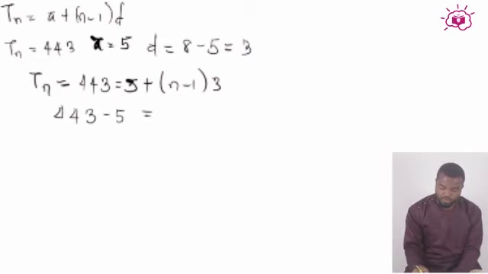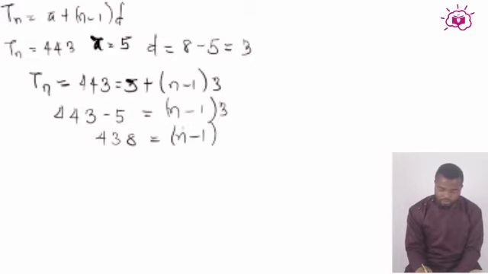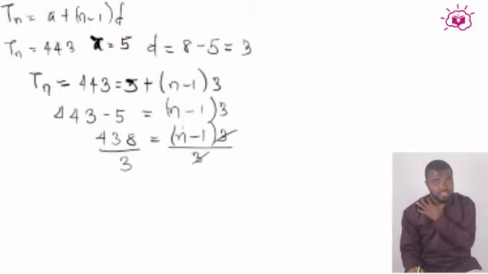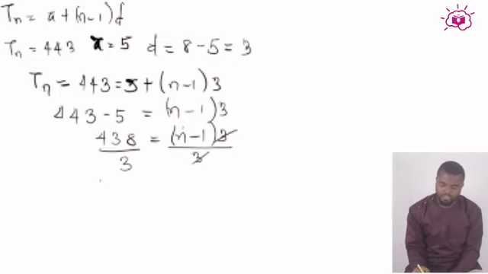So collecting like terms, that will give us 443 minus 5 equal to (n minus 1) times 3. 443 minus 5 will give us 438 equal to (n minus 1) times 3. So instead of expanding the bracket with that 3, why not just divide both sides by 3 to make it easier?